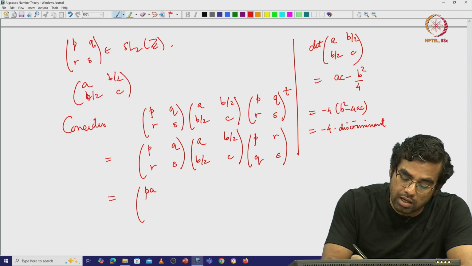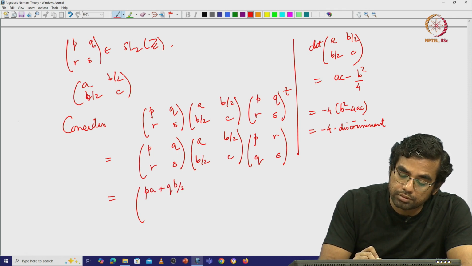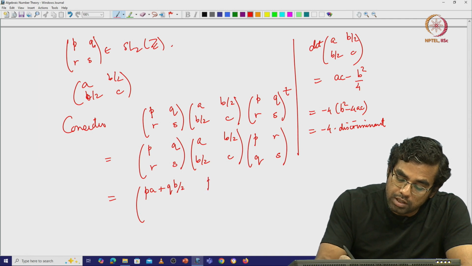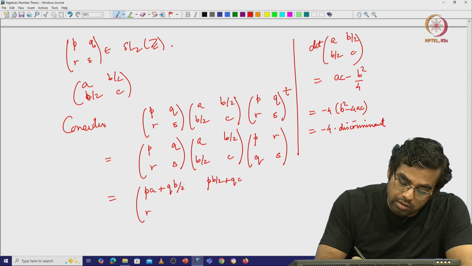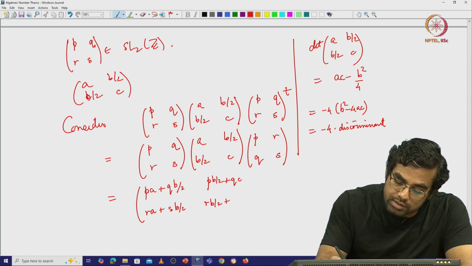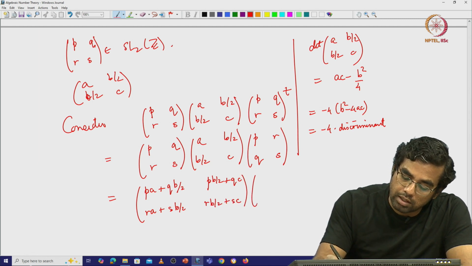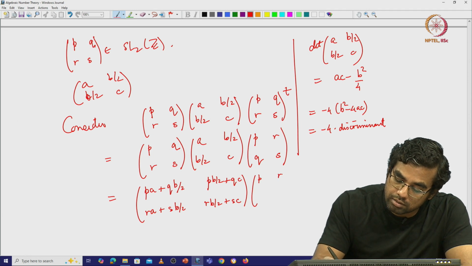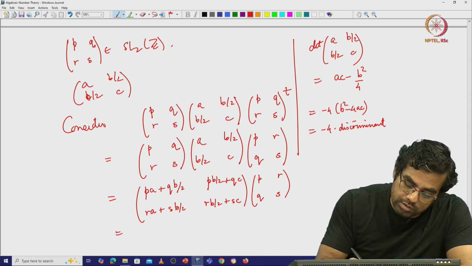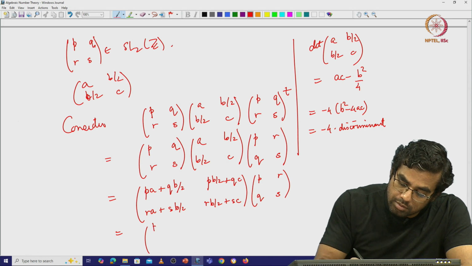So this is (pa plus qb/2, pb/2 plus qc, ra plus sb/2, rb/2 plus sc), and then (p, r, q, s). So this thing you can write as p squared a plus pq b/2.